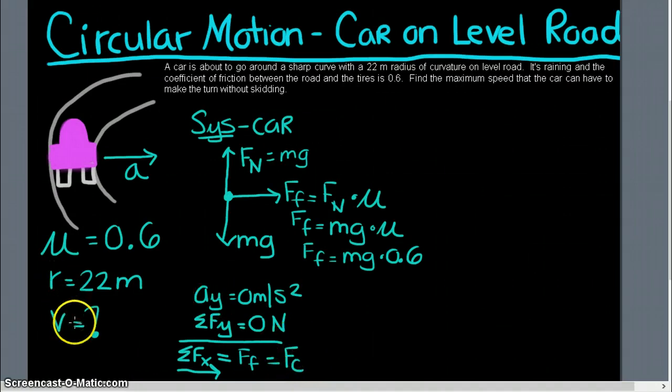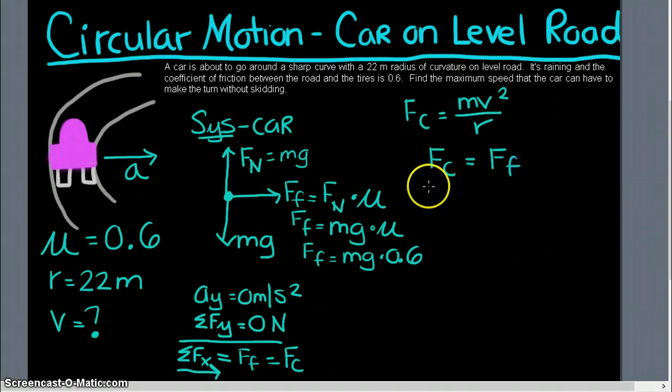So here, in this case, our frictional force is our centripetal force. Ultimately, I'm looking for the speed. And I know that if I have centripetal force, I have mv squared over r. In this case, our centripetal force is equal to our frictional force.